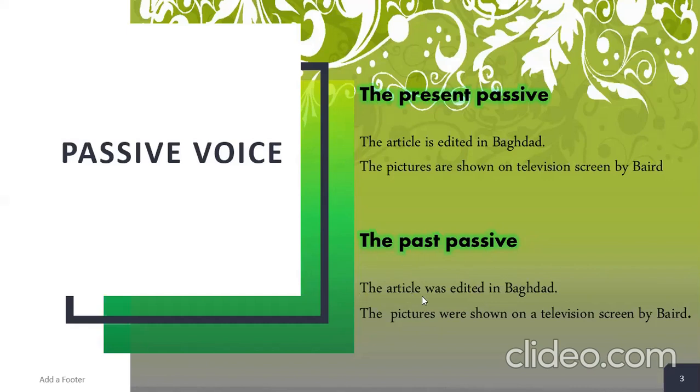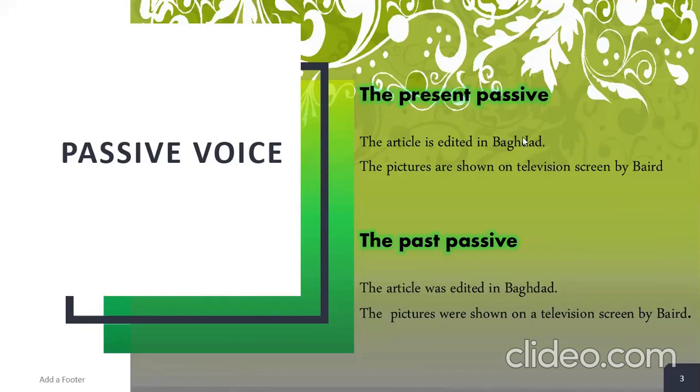Here are examples of sentences in the past passive voice. The article was edited in Baghdad. The pictures were shown on a television screen by Beard. Pay attention, this is a recap. We have studied this before, so we're just making a recap.